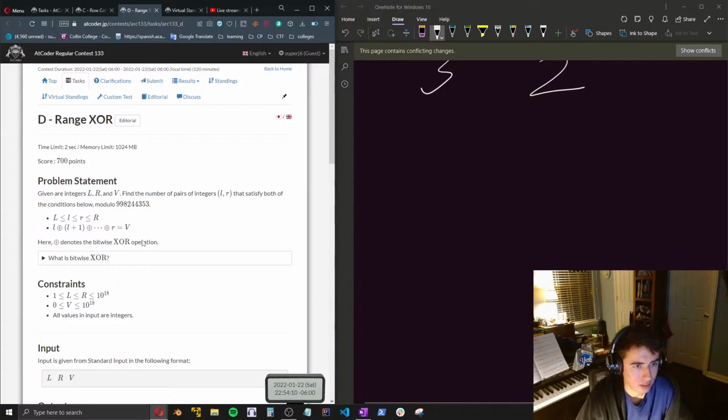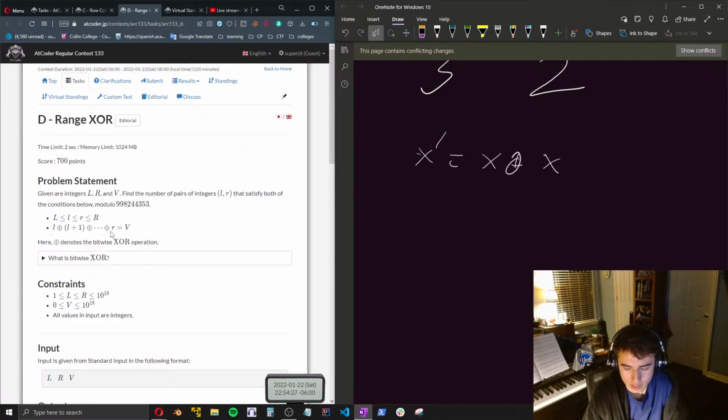So first off, let's let x prime equal x XOR x minus 1 XOR etc. Then in this case we need the number of v such that v is equal to r prime XOR l minus 1 prime, right?